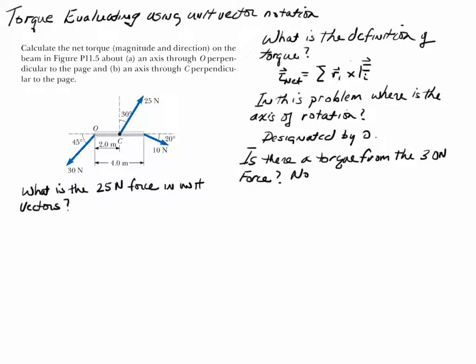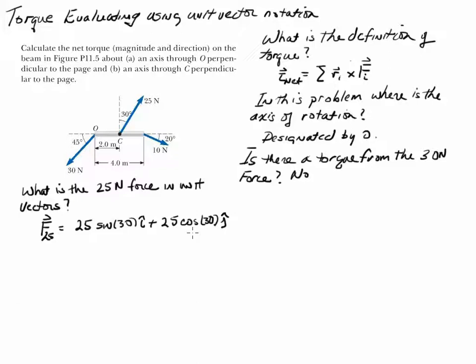Now, what is the 25 Newton force in unit vectors? I'm going to denote the force from the 25 Newton force as F sub 25. We have my horizontal component. In this case, it's 25 sine 30 degrees i hat, and you should be able to figure out why.